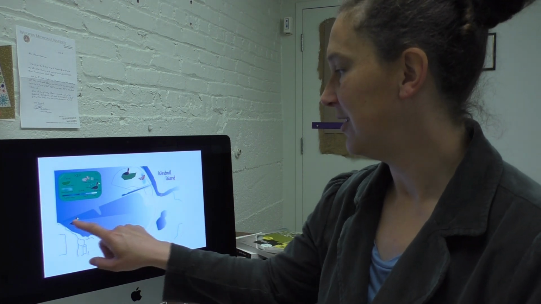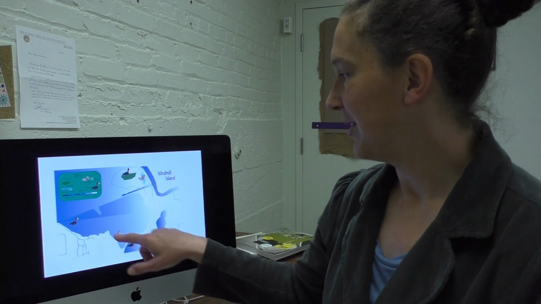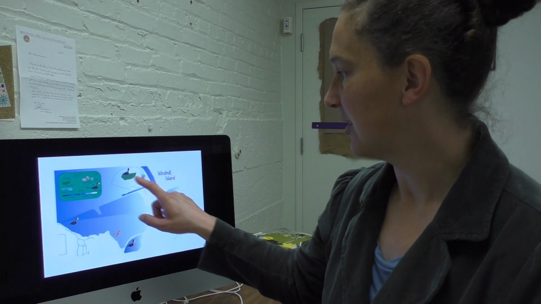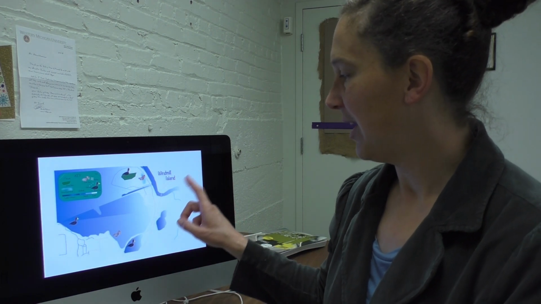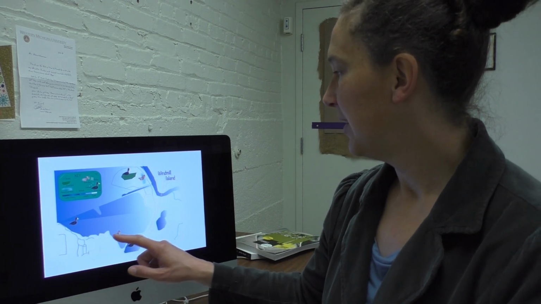And so then she created these individual icons of ducks that are really cute. The different kinds of ducks that you would see. Or actually these are ducks and these are geese that you would see when you're going out to Windmill Island. And then she added in some of the roads of downtown Holland over here.